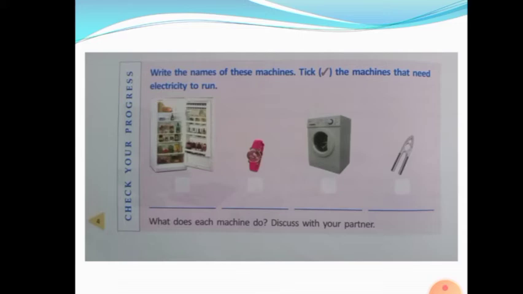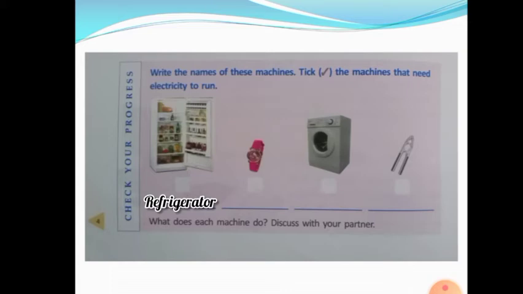Yes, children, look at the first picture. What is the name of the machine? Yes, refrigerator, R E F R I G E R A T O R. Refrigerator.